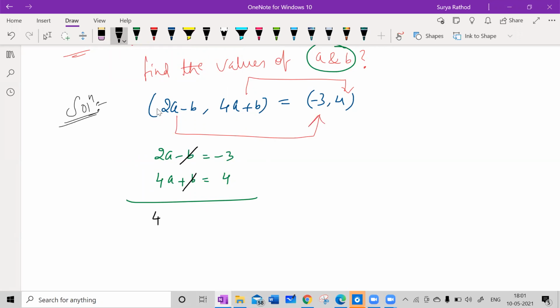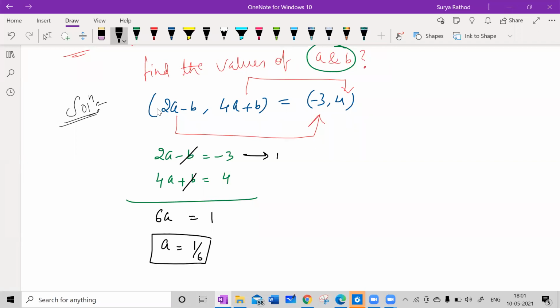So 6a is equal to 1. Clear? Piyush, your answer is wrong. a is equal to 1 by 6.